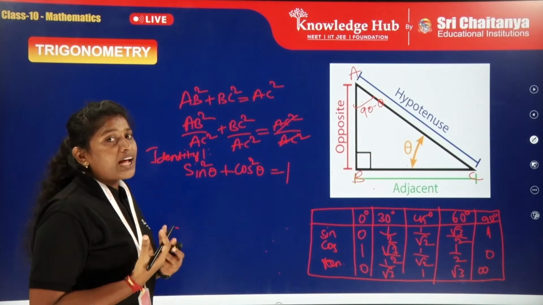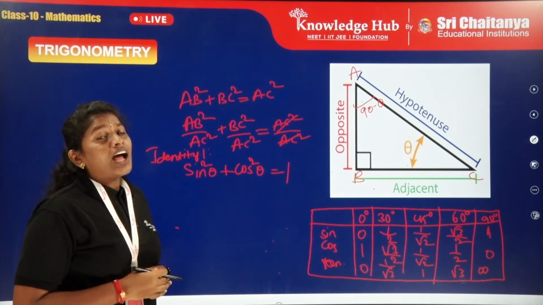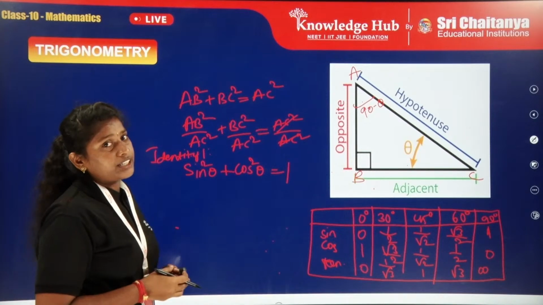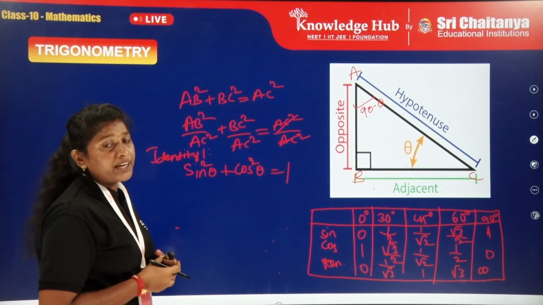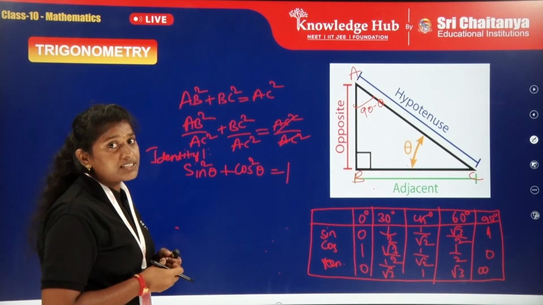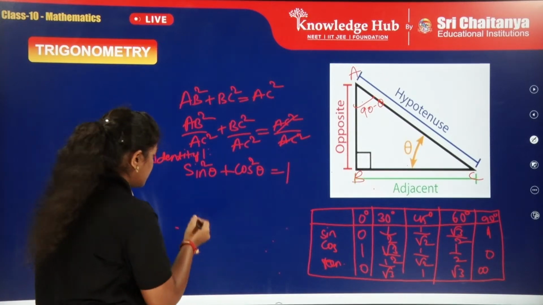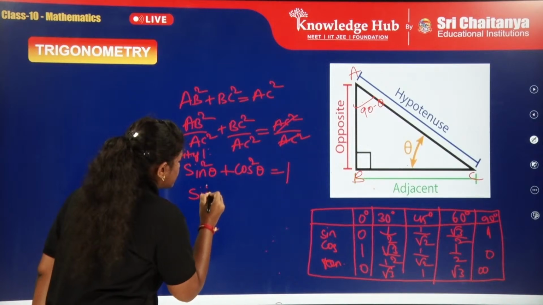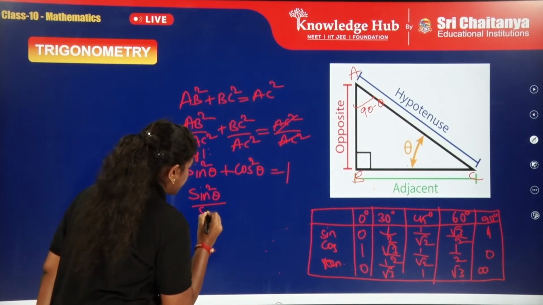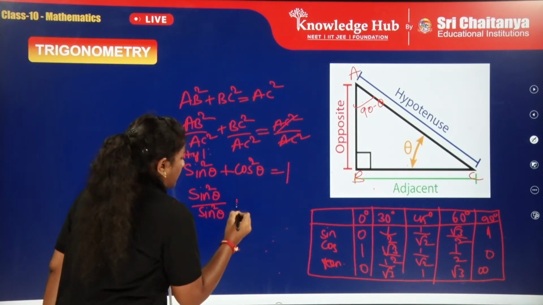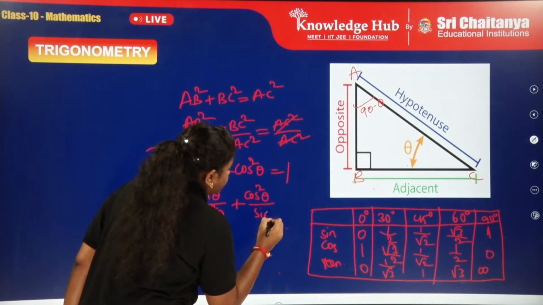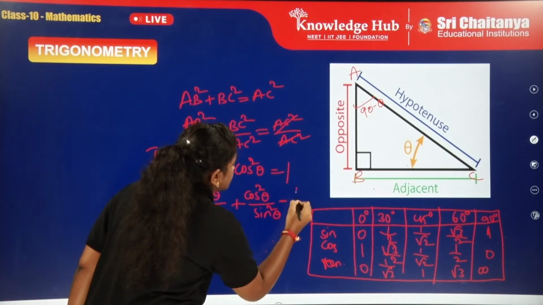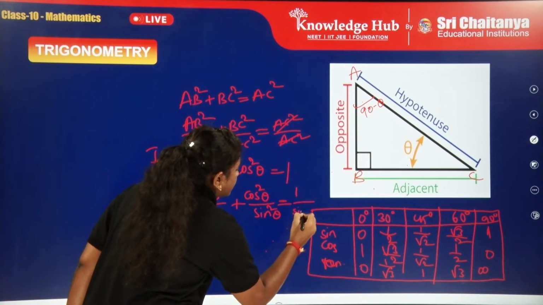Okay. Now moving to identity 2. We can derive identity 2 with the help of identity 1. So let's see what will happen if I divide identity 1 by sin square. Now it will become sin square theta divided by sin square theta plus cos square theta divided by sin square theta, which equals 1 by sin square theta.